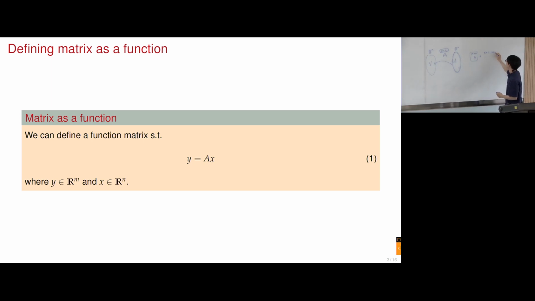If we multiply them, we know that matrix multiplication gives us an m by 1 matrix, which is an element here. So what this does is that the matrix maps n by 1 matrices, or n by 1 vectors, into m by 1 vectors or matrices. So that's what the notation says. In that case, a matrix is like a function.